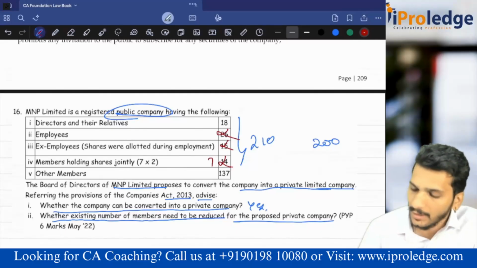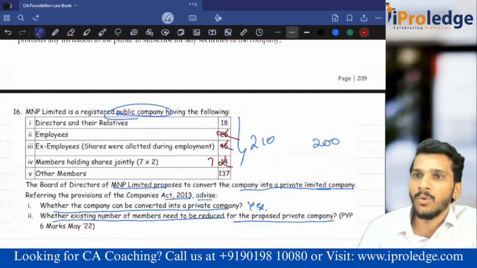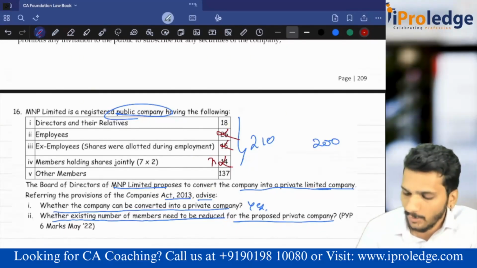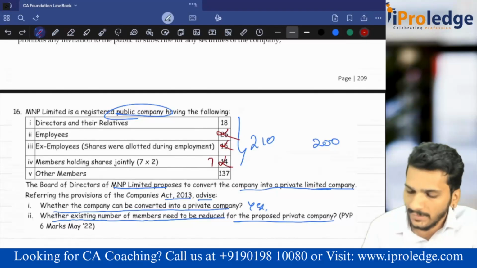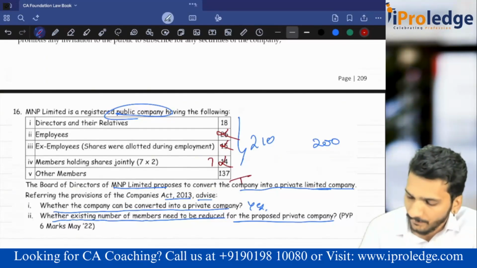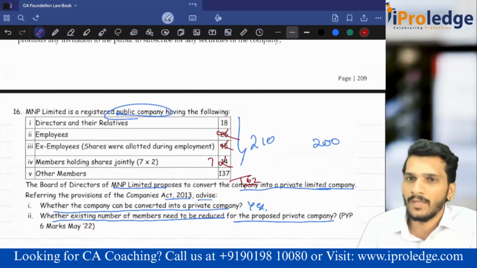So after removing these, if it is still more than 200, then we have to reduce the number of members. If not, no need to reduce, because anyway those people are not considered. Here 137 plus 7, 144, plus 18, 162. Total is 162. There is no need of reduction of number of members, as it is within the limit of 200, so you can continue.